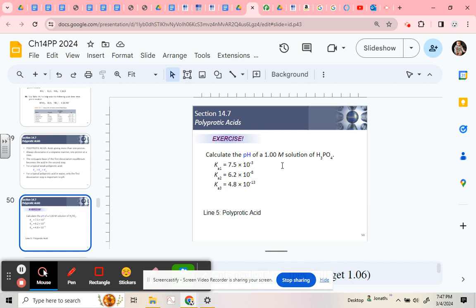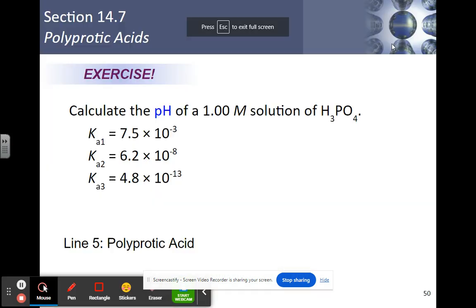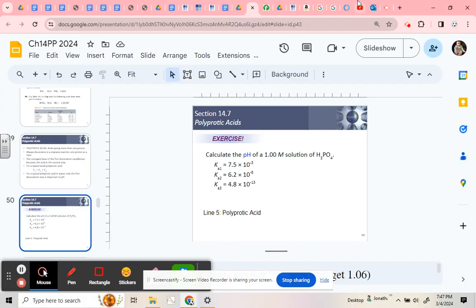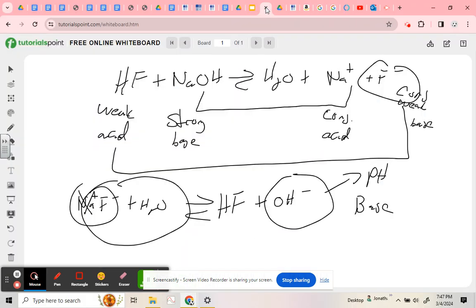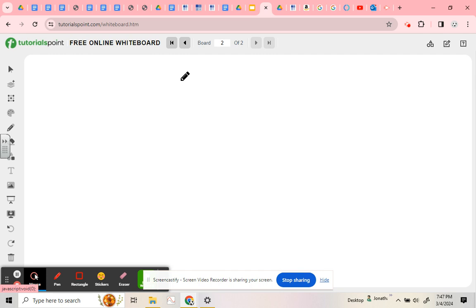Now, of course, every time it donates a proton, it becomes more negative. So H3PO4 is a neutral compound, a neutral substance. As soon as it donates the first proton, it's going to have now a charge of -1. And when it donates the second proton, it's going to keep building up those charges.